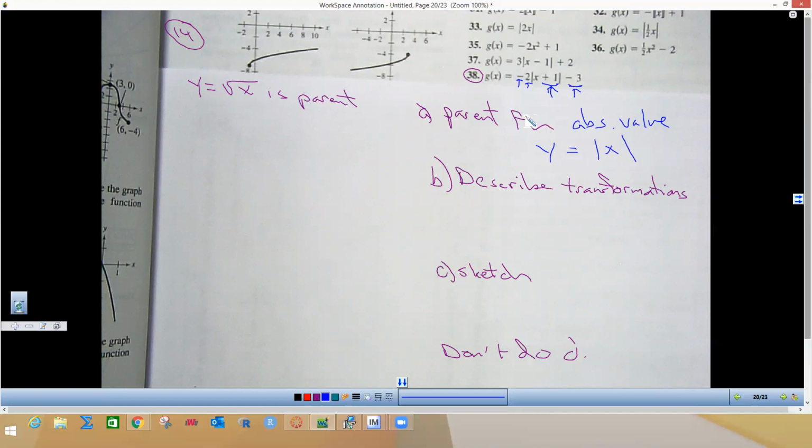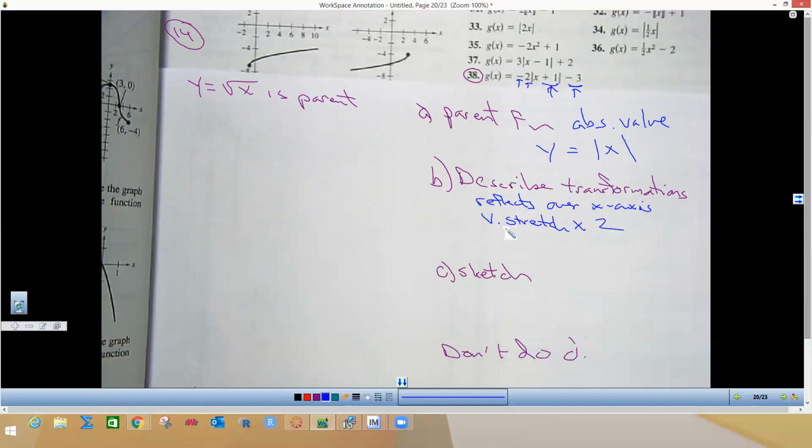It doesn't matter where I start. So I can start with that negative. So the negative up there reflects over the x-axis. The 2 in front is a vertical stretch times 2.